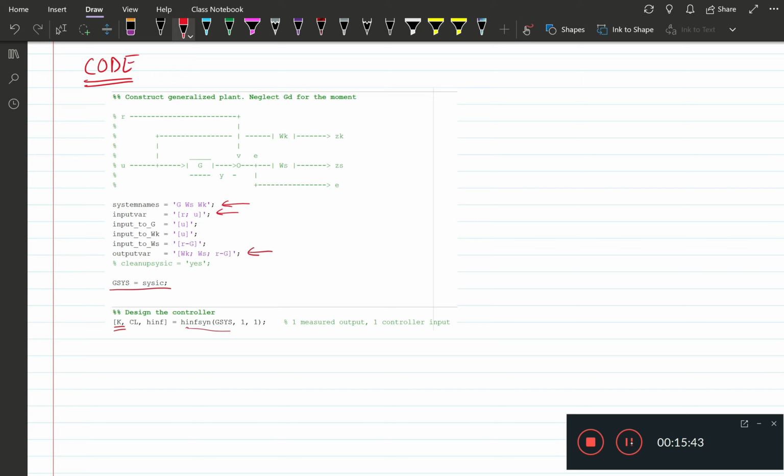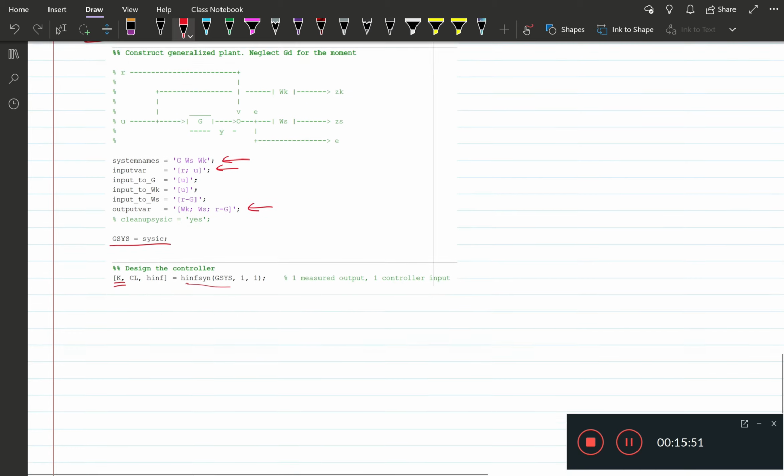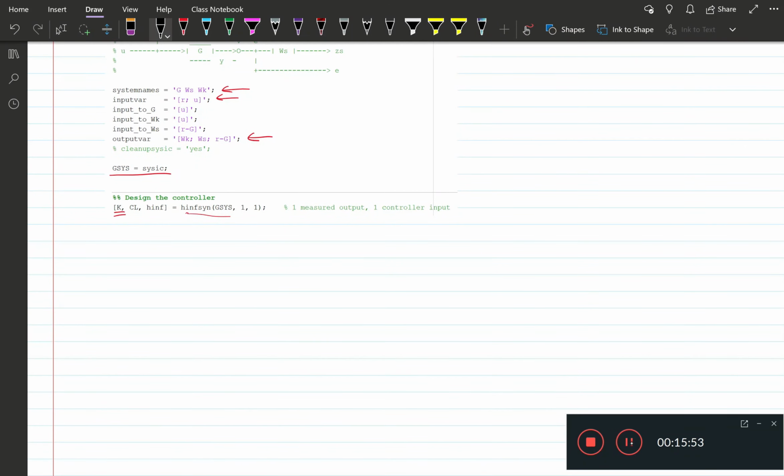So that's the setup, and then we can design different shaping filters in order to have the corresponding tracking performance.